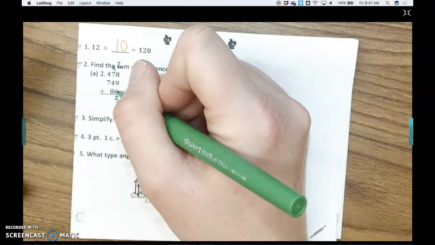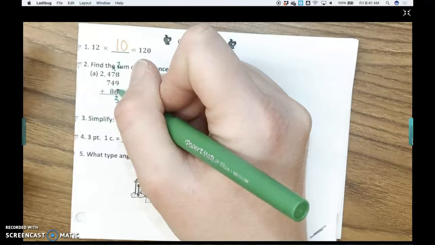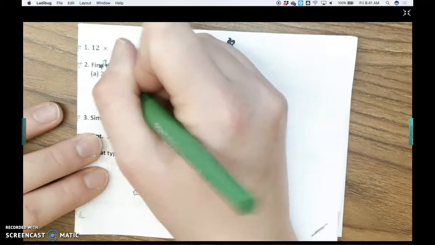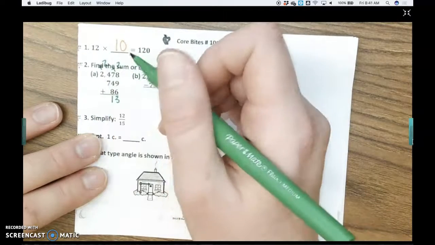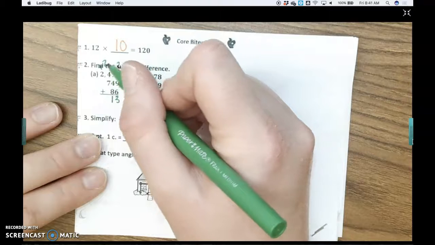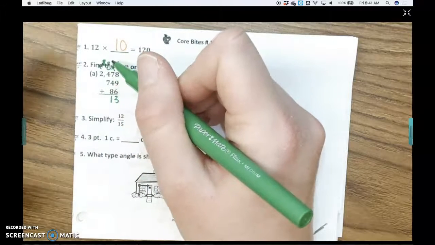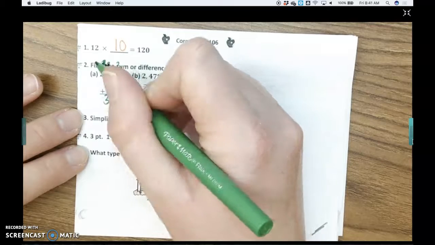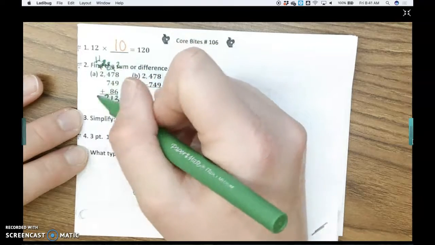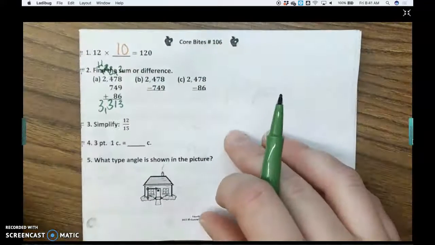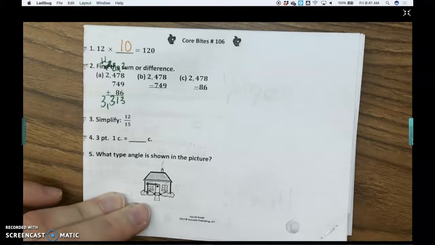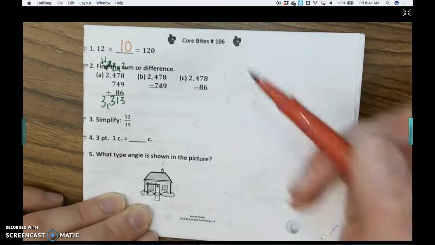Add your 8, 14, 15, 16, 17, 18, 19, 20, 21. Regroup. 2 plus 2 is 4. Hold on. That goes right here. 7, 8, 9, 10, 11, 12, 13. That's a 1. That'd be 3. So that one's 3,313.